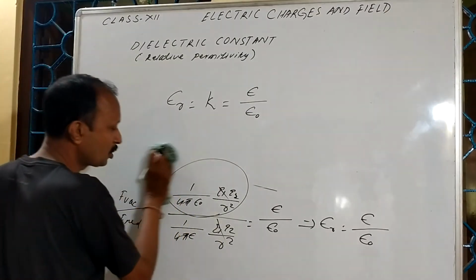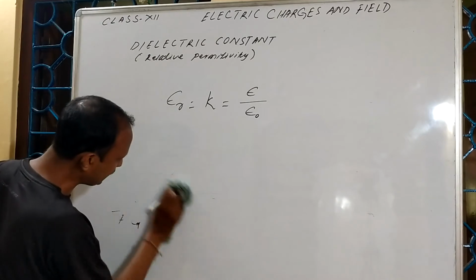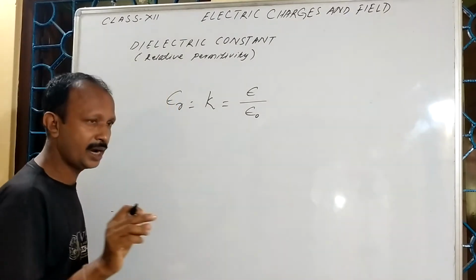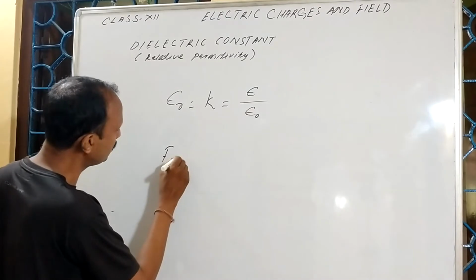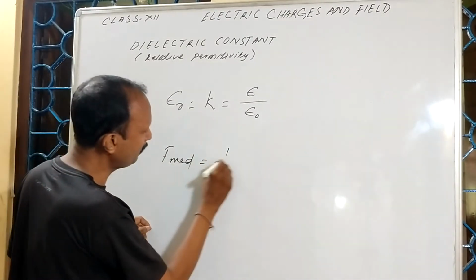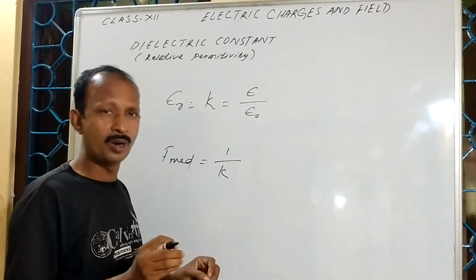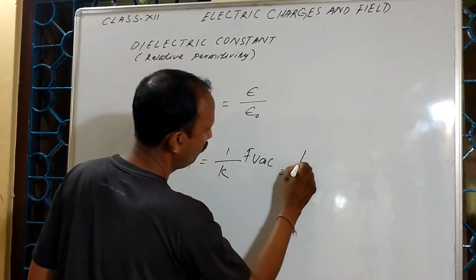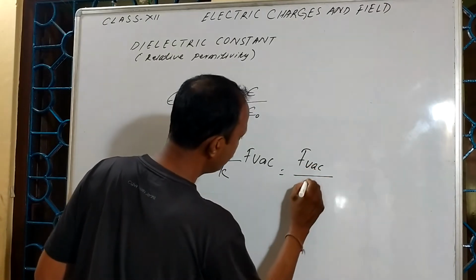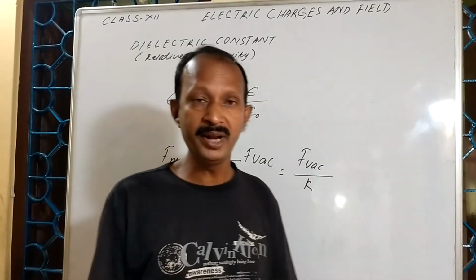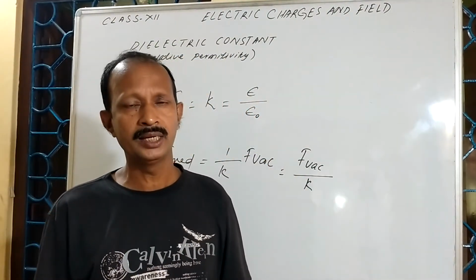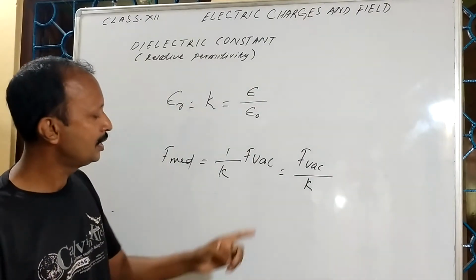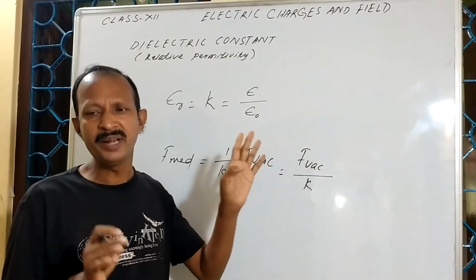That means this is the force in vacuum, this is the force in a medium. So I can say that suppose a medium, its dielectric constant is K. Then the force in that medium will be 1 by K times the force in vacuum, or I can write this is force in vacuum upon K. That means if the medium dielectric constant is K, then the force in that medium will be 1 by K times the force in a vacuum or in the original medium.